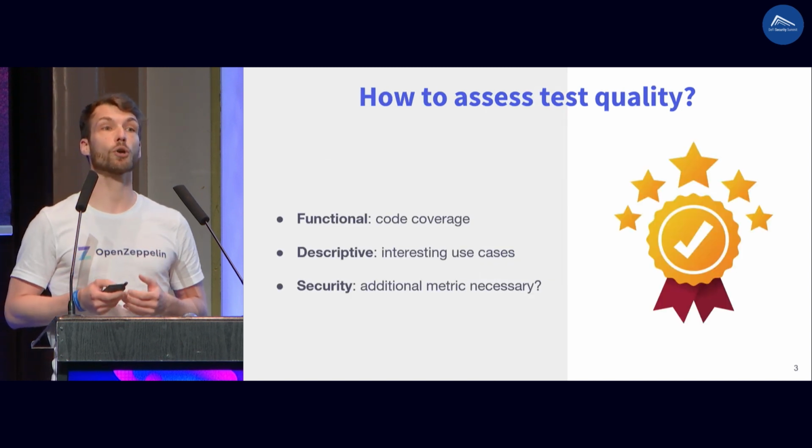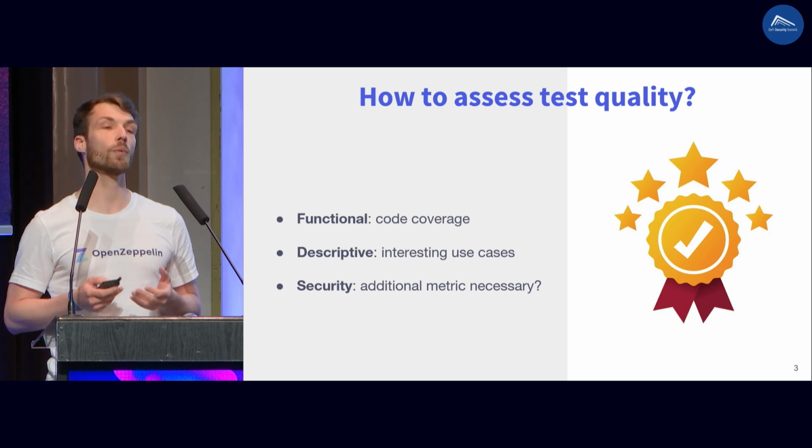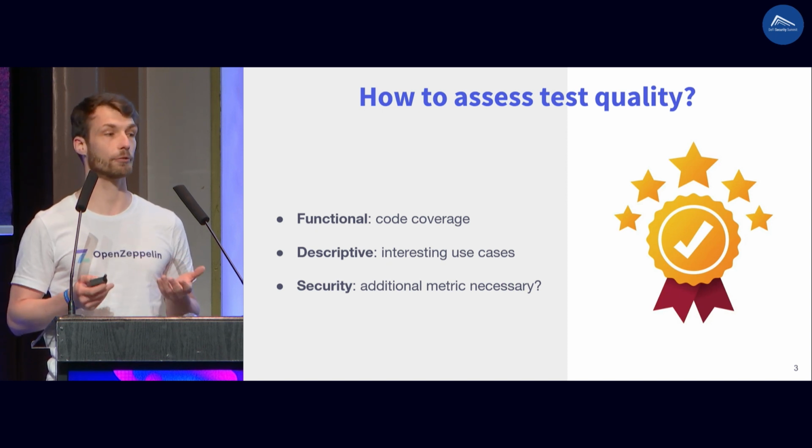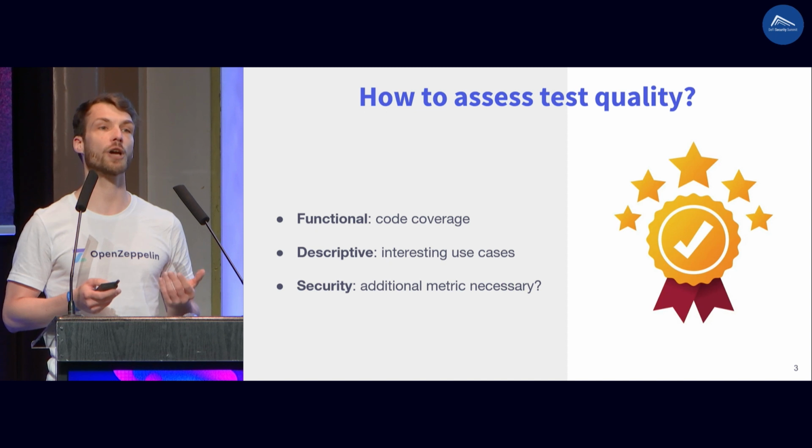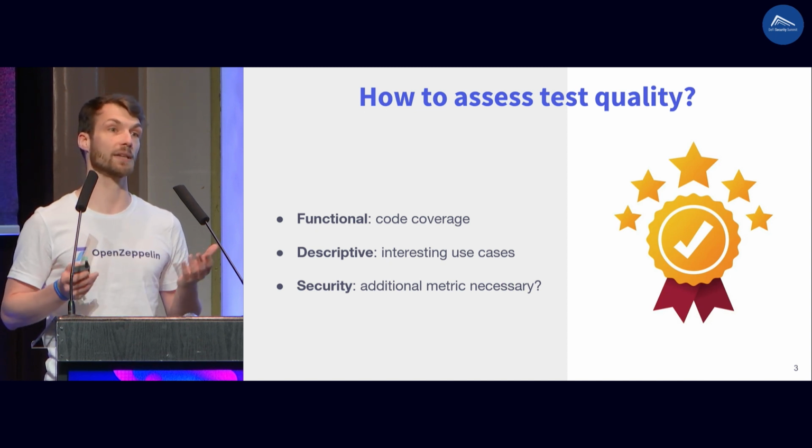Now, talking about the quality of tests, after a while you want to be done with testing. So we have different quality metrics. The first one is a functional metric. It's the test coverage of your code base. And this is typically a line coverage or a branch coverage. It's a nice number. And we're assuming that it's 100% in our test example.